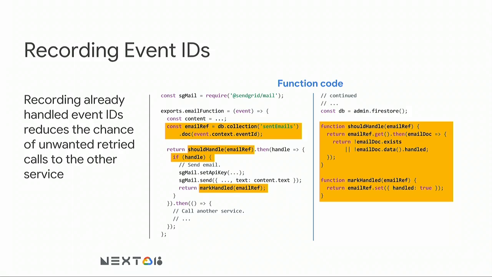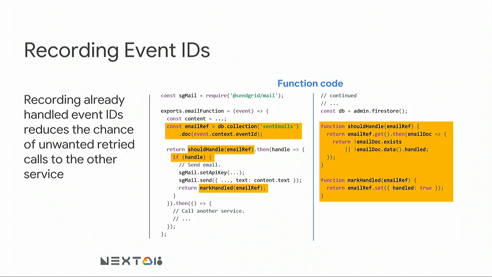We can record event IDs. This is the general approach here. We use a database like Firestore in this example, but other databases could work as well, to store the already handled event IDs. And then, when the requests come, before we enter the non-idempotent section of the code, so the one which sends an email, and if it was retried, it could result in duplicate emails being sent.